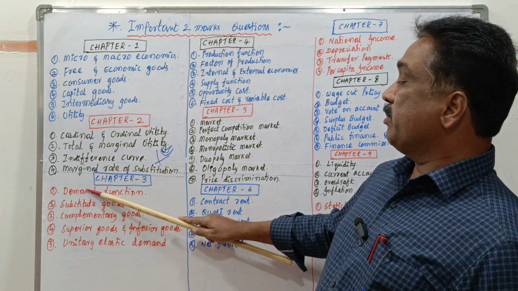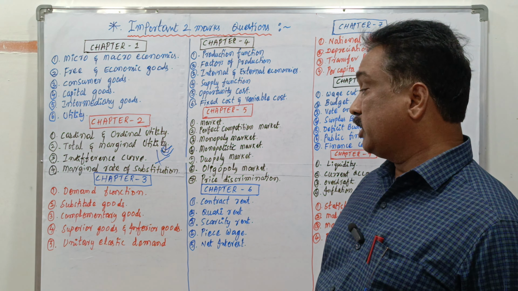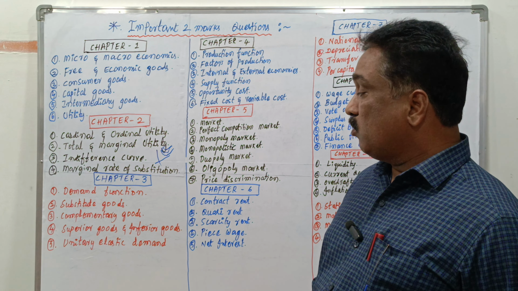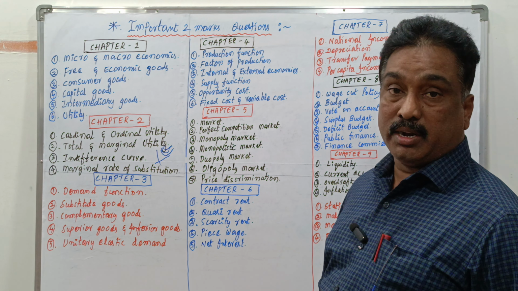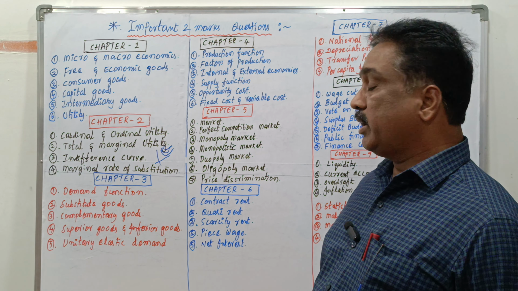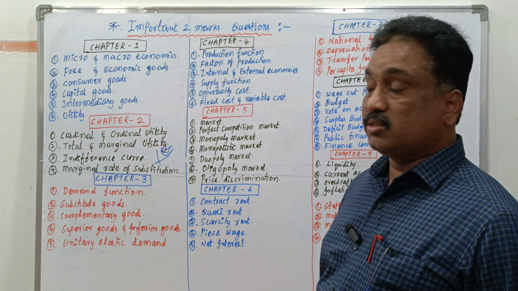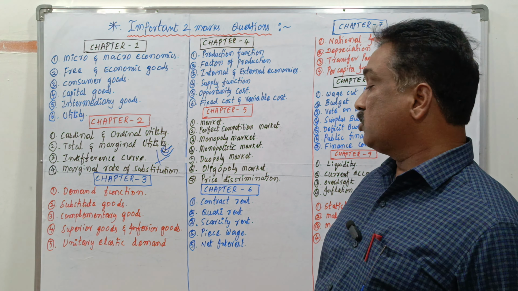That is the demand function equation. And what are substitute goods, examples? Tea and coffee is a better example. And complementary goods: what are complementary goods and their examples. And what are superior goods or inferior goods?